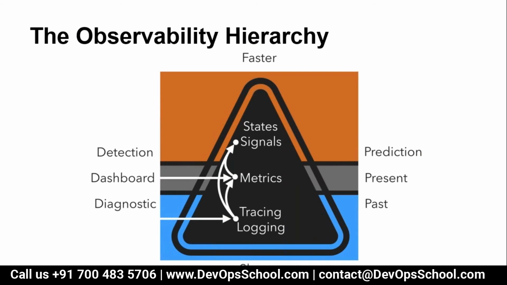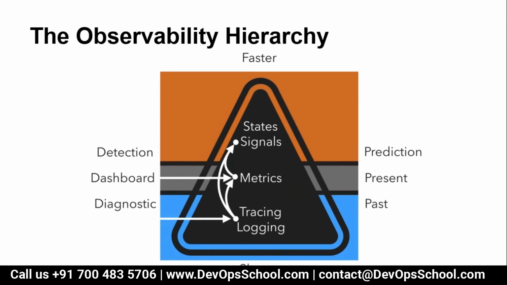From now onwards, we would not say Datadog is a monitoring tool, it's an observability tool. In the observability hierarchy, you can diagnose the issues of the environment by tracing logs of what has happened in the past.